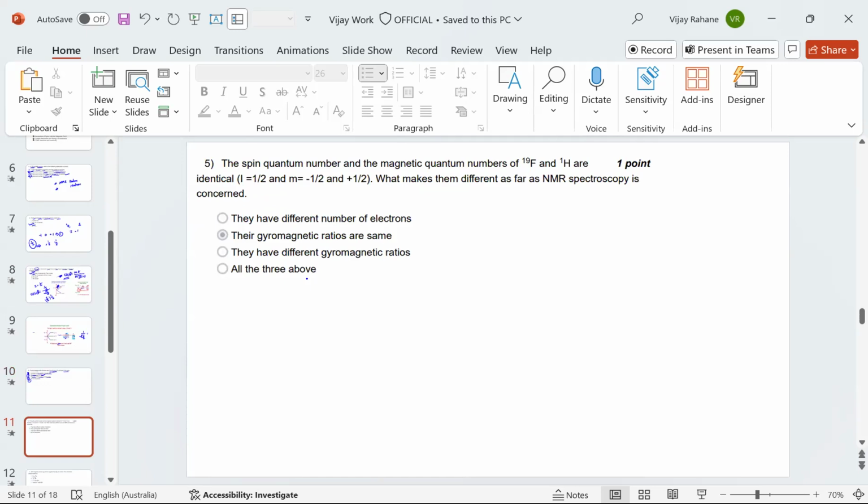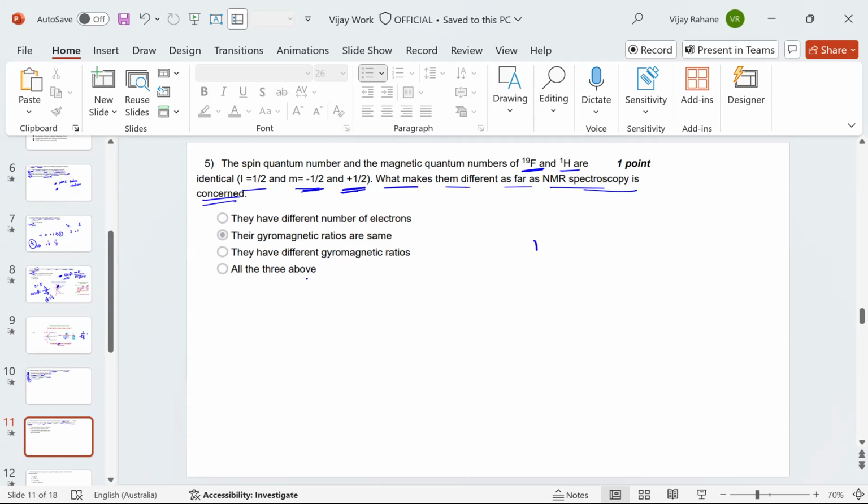The fifth one: the spin quantum number and magnetic quantum number of 19F and 1H are identical. That is I is equal to 1 by 2 and M is equal to plus 1 by 2 and minus 1 by 2. What makes them different as far as NMR spectroscopy is concerned?